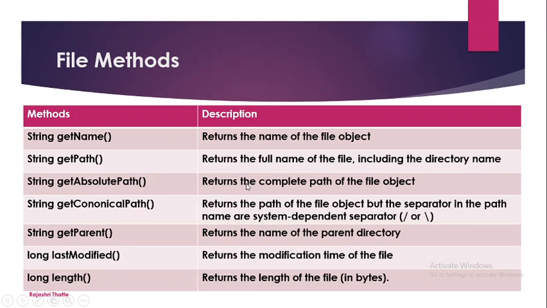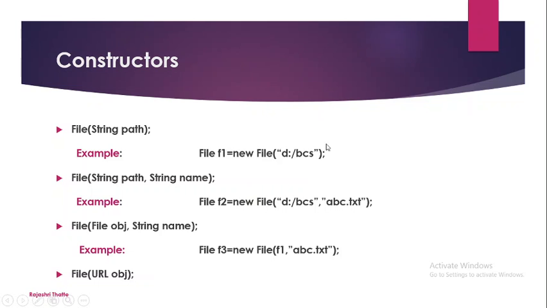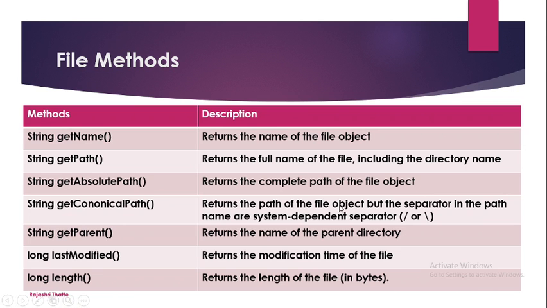Let me move to the previous slide. See here, I have given forward slash. Some systems use backward slash. So depending upon the system, it will generate the canonical path, that is the complete path. So the separator in the path may be forward slash or backslash, depending upon the system you are using.